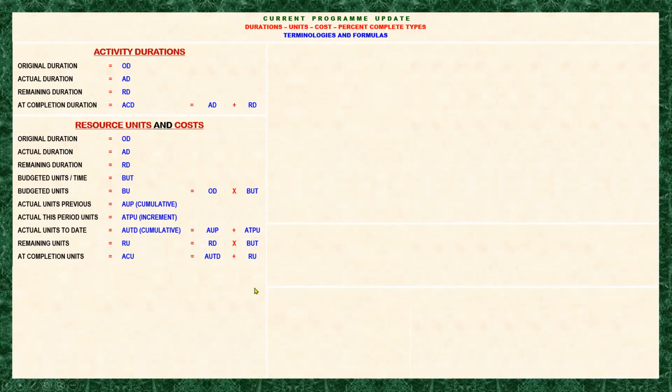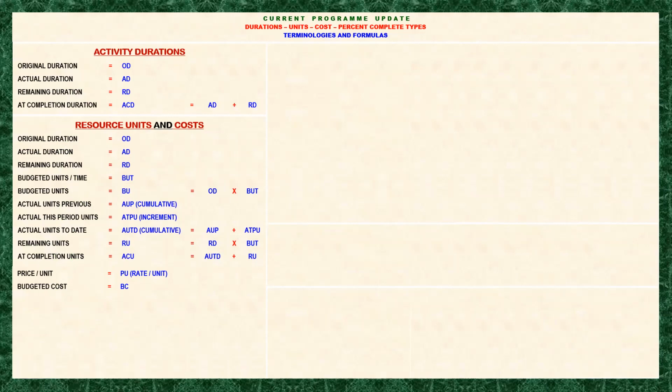Okay. Next we have the price per unit. Actually this is the cost per unit of the resource. Okay, we have now the budgeted cost. Here at the upper portion, we are talking about the units. Now here at the bottom, we will be discussing the cost of the units.